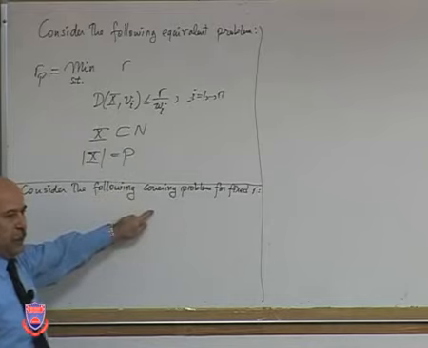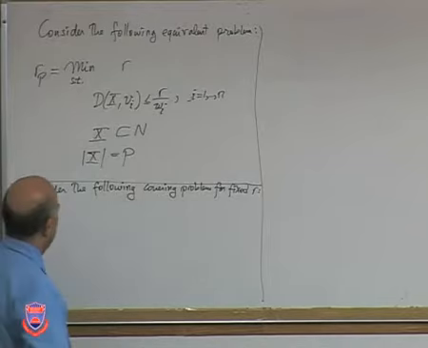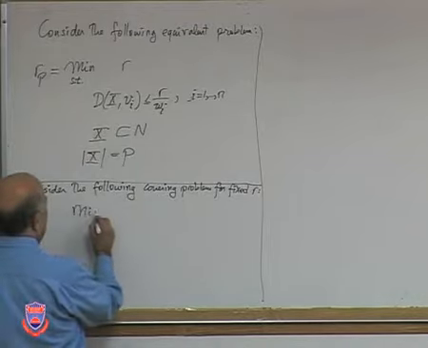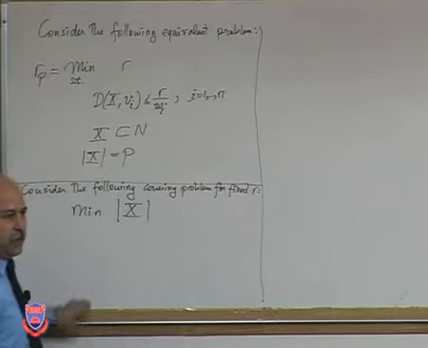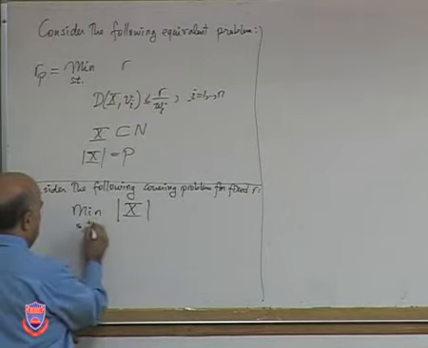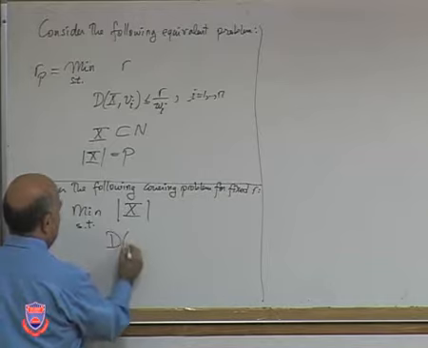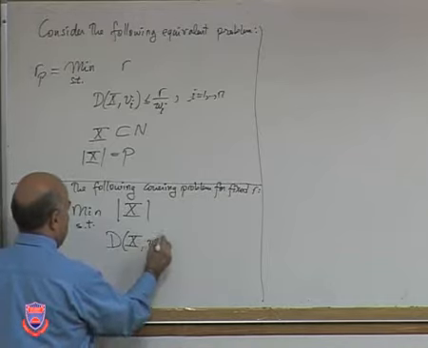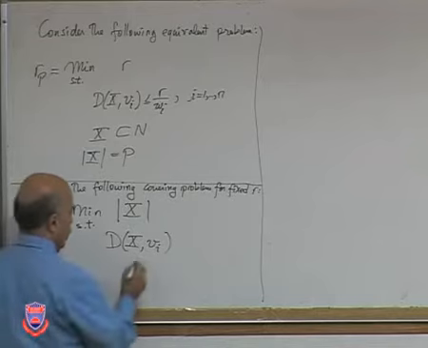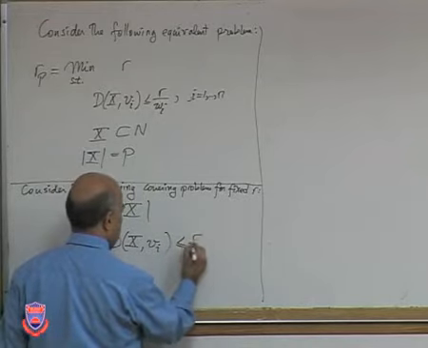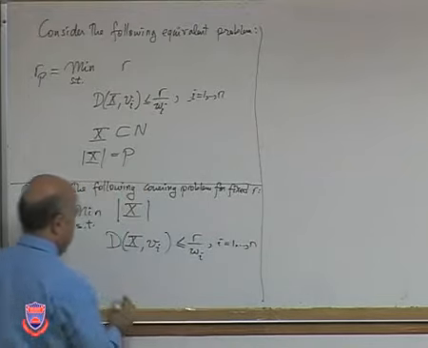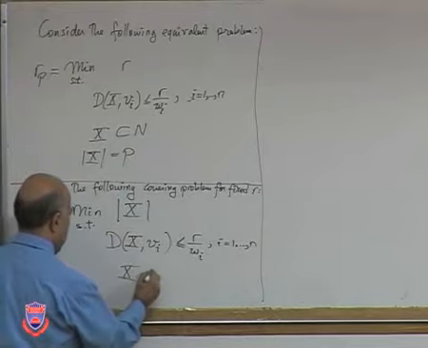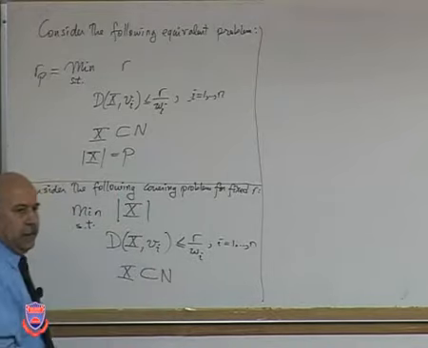In this one, I pick a value for R. Of course, it's a positive value. And then I want to minimize the number of points I find. So I'm minimizing the cardinality of the point set X, subject to, I again want every vertex to be covered by at least one point in this point set, with x again in N.